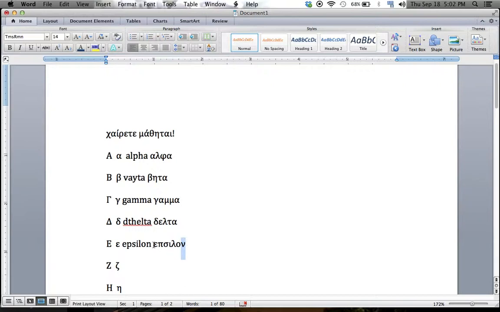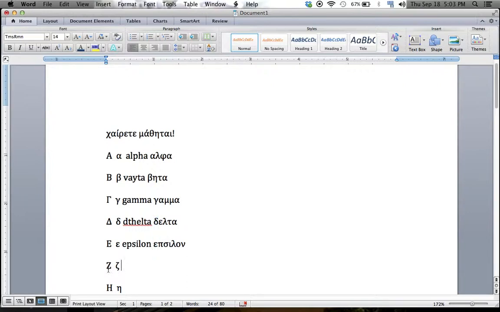So that one's pretty easy. And again, as you're seeing here, all the letters: alpha starts with an alpha, makes the a sound, beta starts with the v sound, so you'll know what they make in an actual word. So as we're writing out these words, you can see gamma, ya, delta, the, epsilon, e.